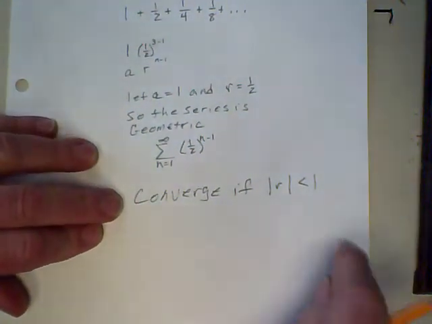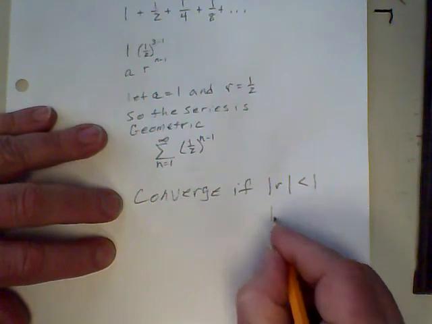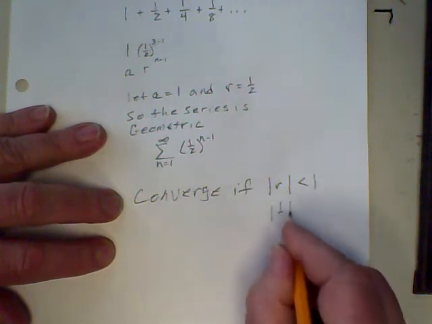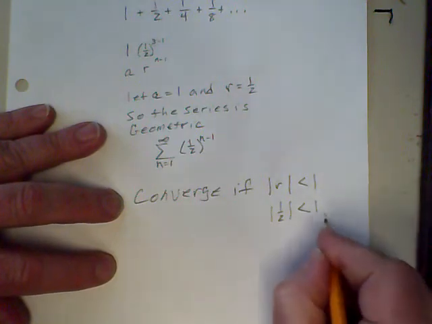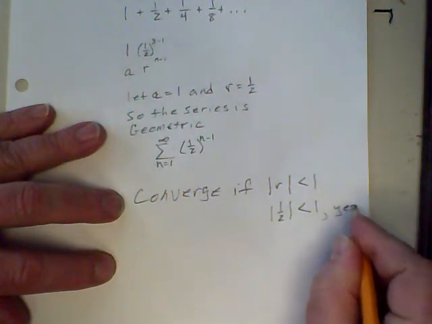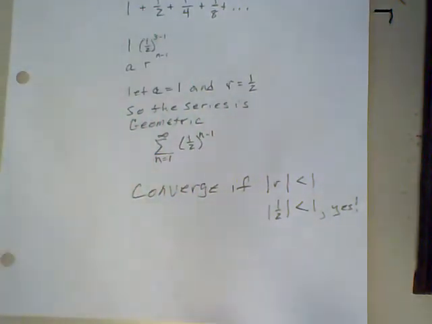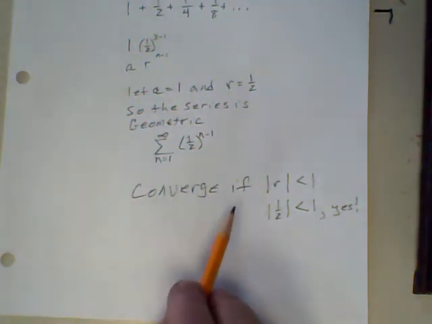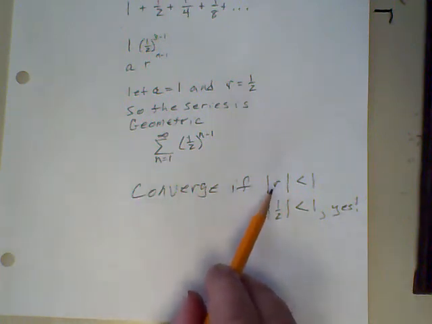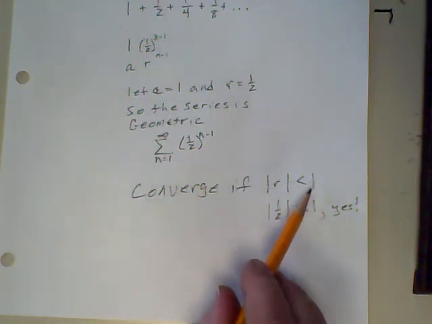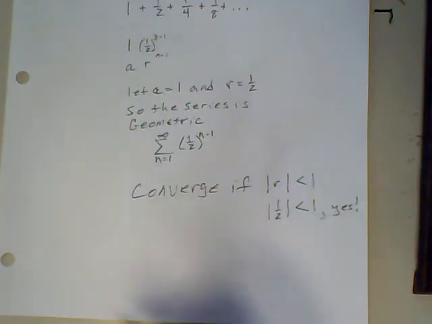So let's check up here. Is the absolute value of 1/2, our ratio, less than 1? Yes, it is. Okay, so we now know that this geometric series converges because it passes the test for convergence of a geometric series. Is the absolute value of the ratio less than 1? If it is, then it converges.